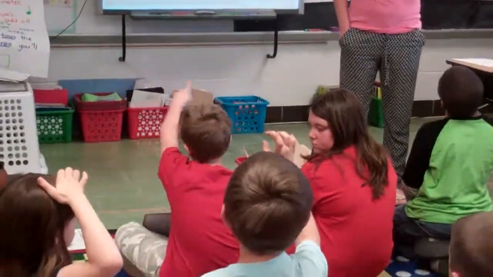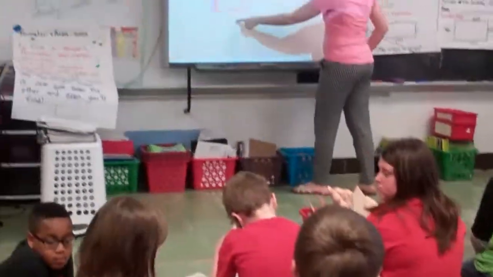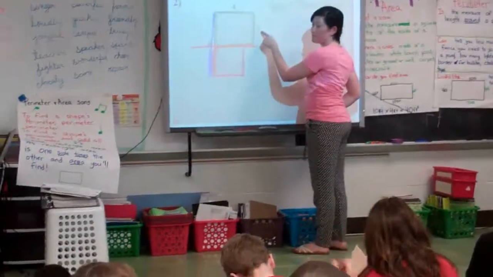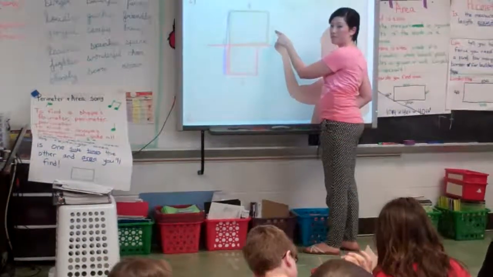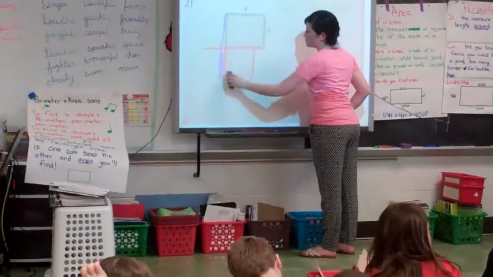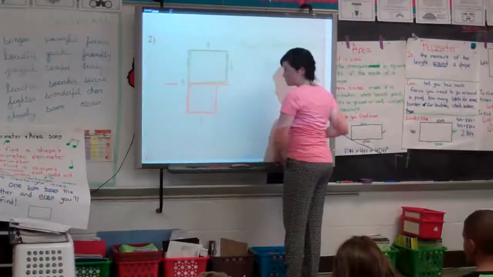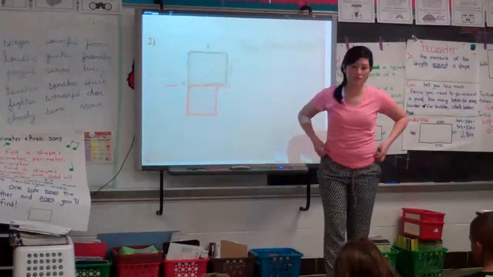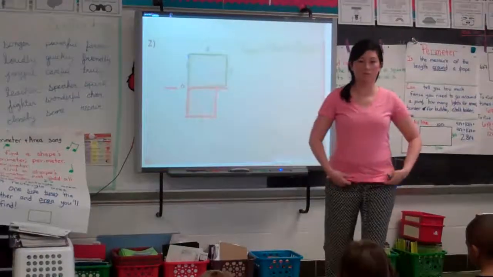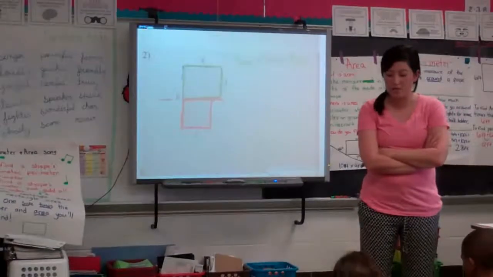If that 3 is the same size as the 3 up there, and if we cut the 6 in half, that makes that side the same length as the 3, so we can tell that the side is 3 millimeters.